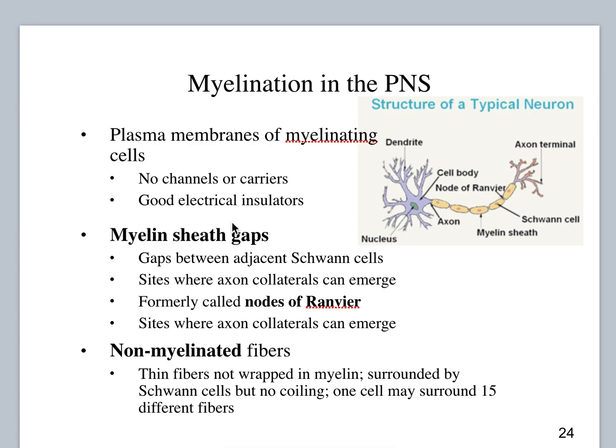In the peripheral nervous system, the plasma membranes of the myelination cells have no channels or carriers, and they're good electrical insulators. They make discrete units of myelin called myelin sheaths. Between the sheaths are nodes called nodes of Ranvier.